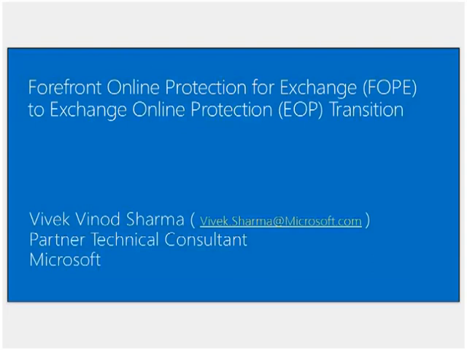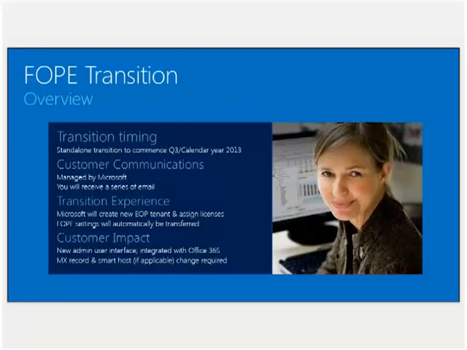Let's begin with a quick overview of what the FOPE transition is all about. Starting in September and in October, there will be a series of communication emails sent out by Microsoft to the customers, informing them of the transition that is going to happen from FOPE to EOP.